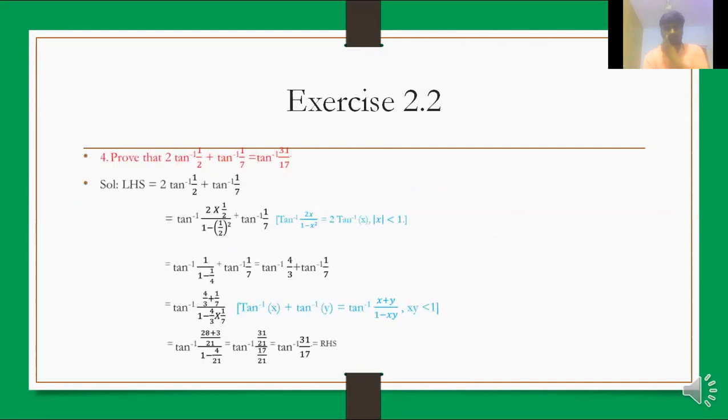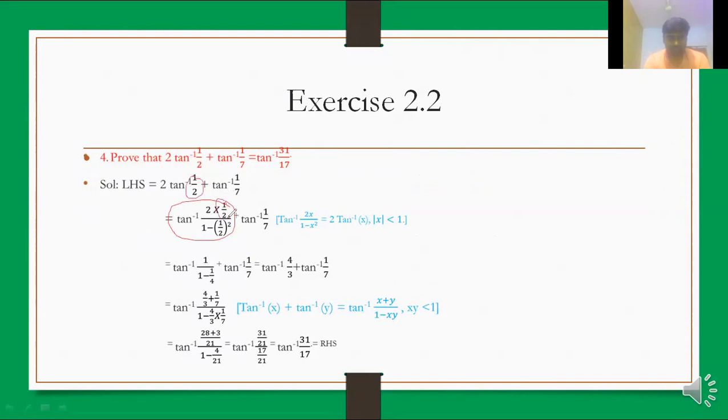Now question number 4 in this. Have a look at that. 2 tan inverse something. I told you, we have discussed already. The 2 tan inverse x formula: tan inverse of 2x by 1 minus x square. See here, the same formula is given also in brackets. What is x you have? 1 by 2.